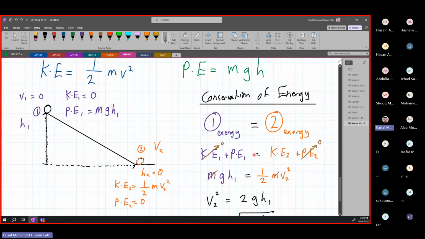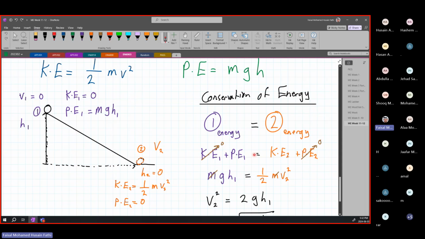What does conservation of energy mean? Conservation of energy means any system you're going to have energy going in and energy going out, okay? Any system. What does this mean? That means that anything that is going in has to be equal to anything that is leaving the system. Think of it as water.